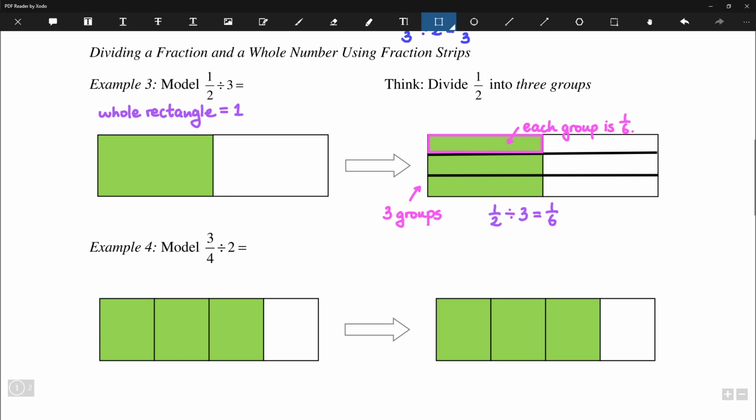Okay, so very similarly, we have 3/4 divided by 2. So in this case, we can split the 3/4 horizontally, like so. And we'll notice that each group is 3/8. Right, we have 3 rectangles out of the 8 that's there.